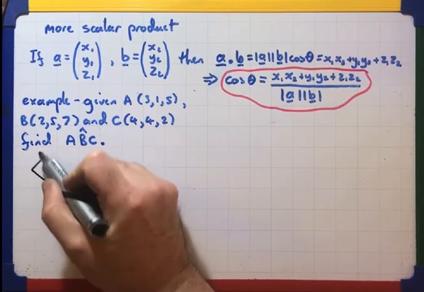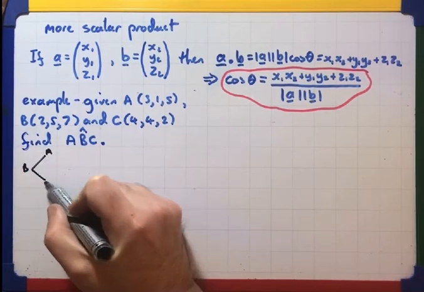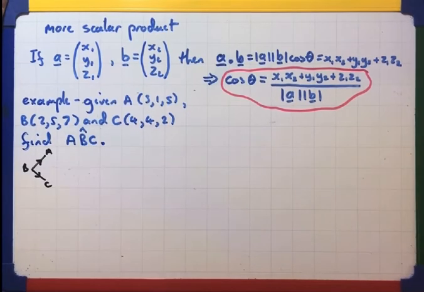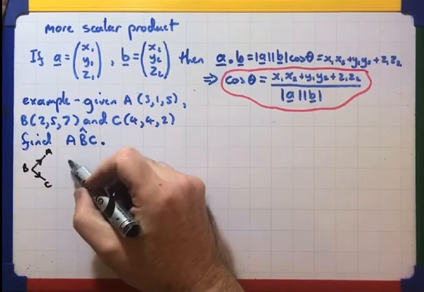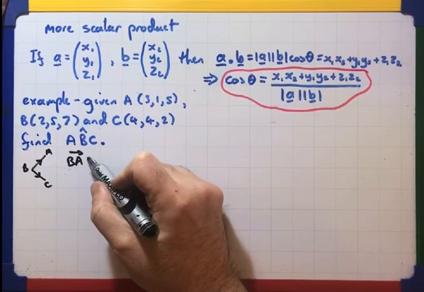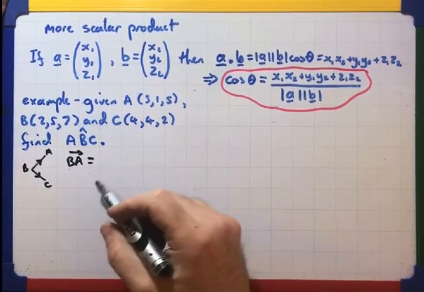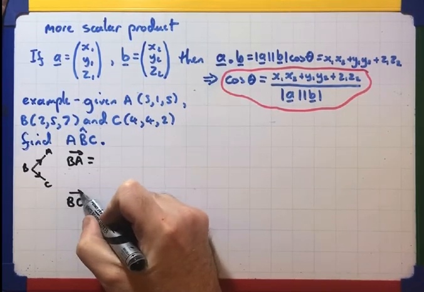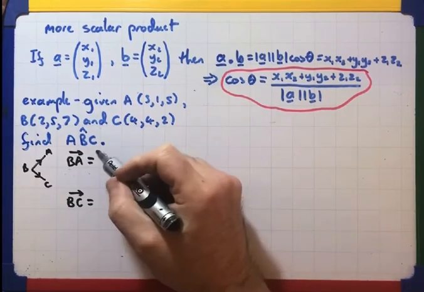So if you've got ABC, what we want is BA and BC. We need to work out not AB, but BA, and BC. Those are the two we want.